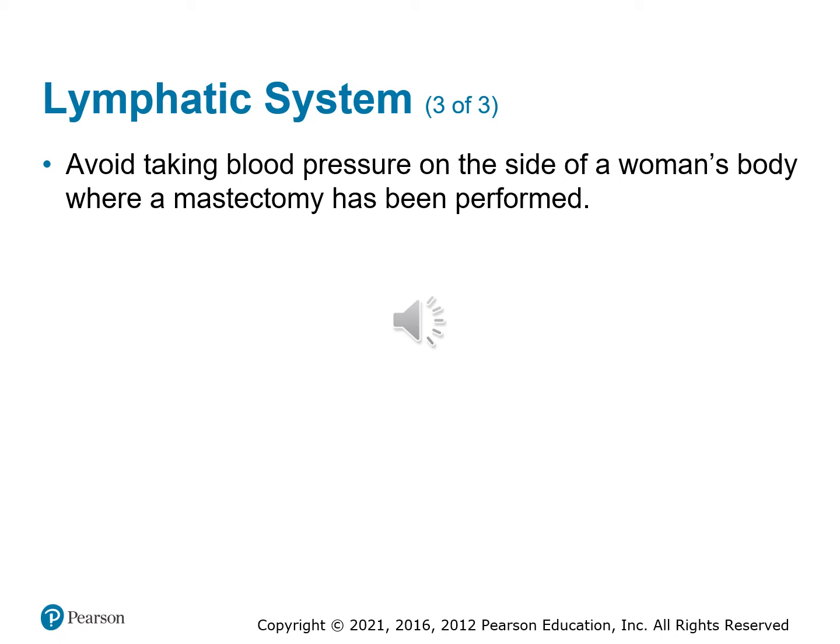And this is because they've likely removed some of the lymph nodes, and by using that extremity for blood pressures, you are kind of adjusting the pressures within the arm and potentially causing issues with the lymphatic system, especially if some of those nodes have been removed. So please be sure if you have a patient who tells you they've had a mastectomy, we don't want to use that extremity. If it's all we have, then by all means, we're going to use it.